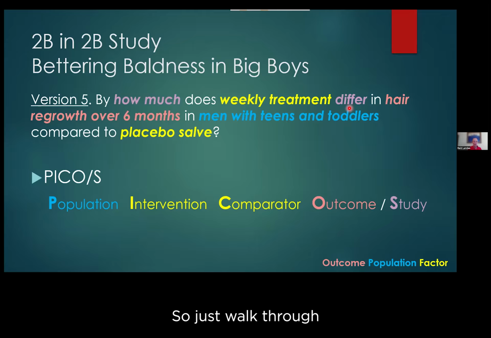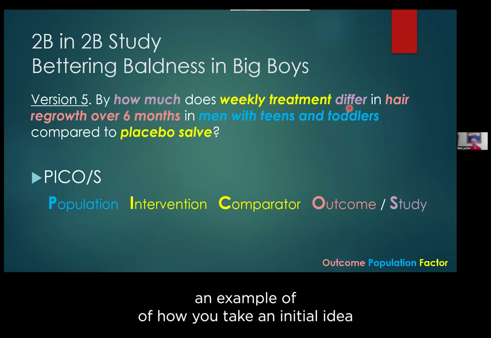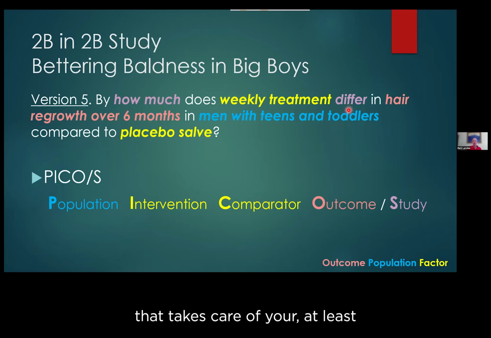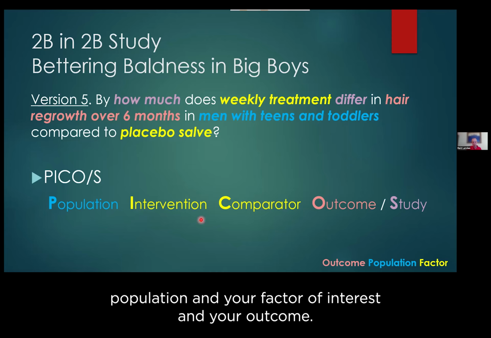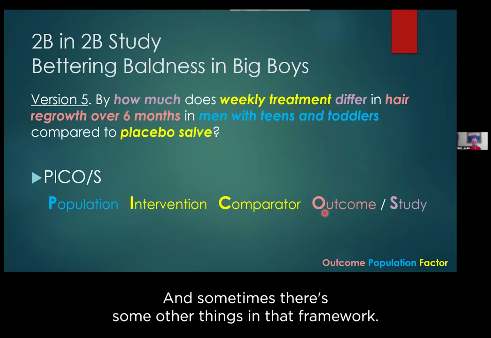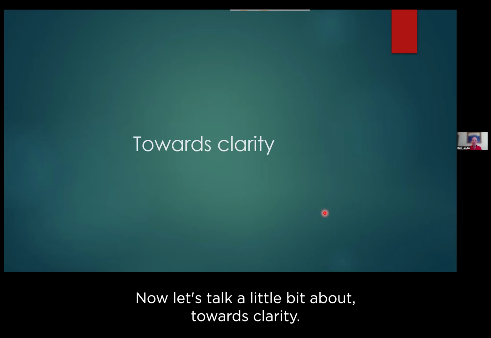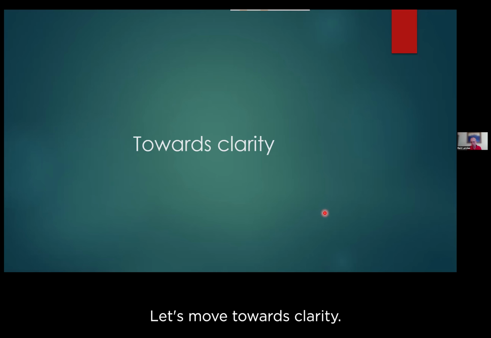So we just walked through an example of how you take an initial idea and work on it until you have a tight study question that takes care of at least your 3 foundational pillars, your population, your factor of interest, and your outcome. And sometimes there's some other things in that framework. All right. So that is the bulk that I have on the foundations of building a good question. Now let's talk a little bit about moving towards clarity.